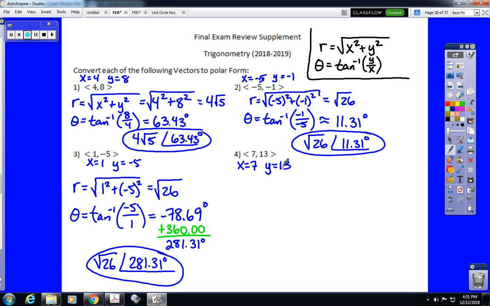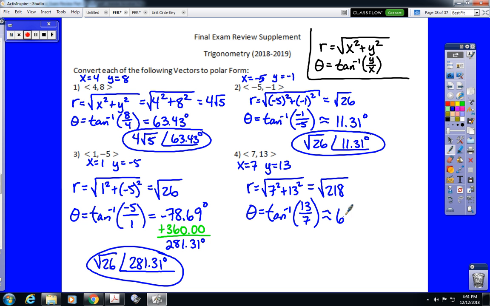Okay, x equals 7, y equals 13. So r is the square root of 7 squared plus 13 squared, which would be the square root of 218. Theta is the inverse tangent of y over x. That is the inverse tangent of 13 over 7, which is 61.70 degrees.